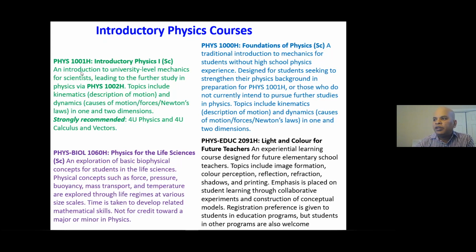In Physics 1001 and 1002, you will be learning about university level mechanics. At the same time, we will learn some introductory ideas on electricity and magnetism, some properties of materials, and how sound waves behave, and all those things in more detail. Physics 1000 is targeted towards those students who want to know physics, but may not have had the necessary mathematical background.